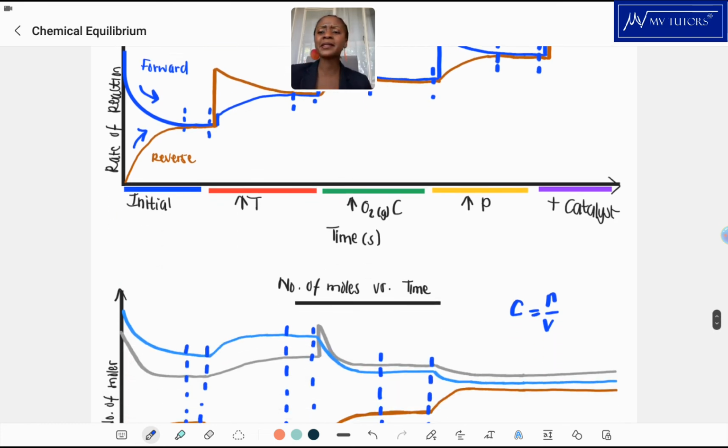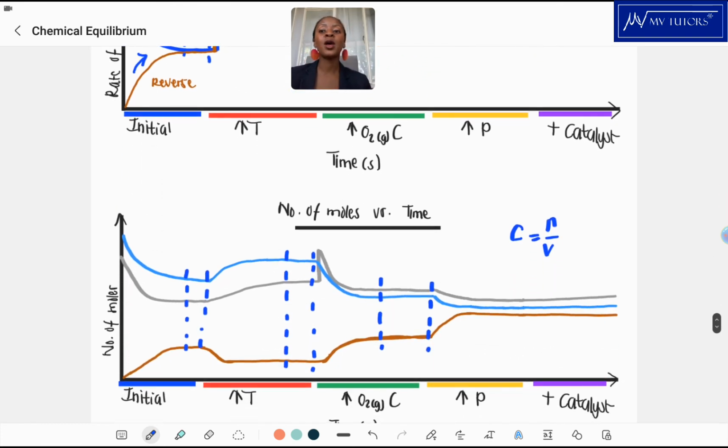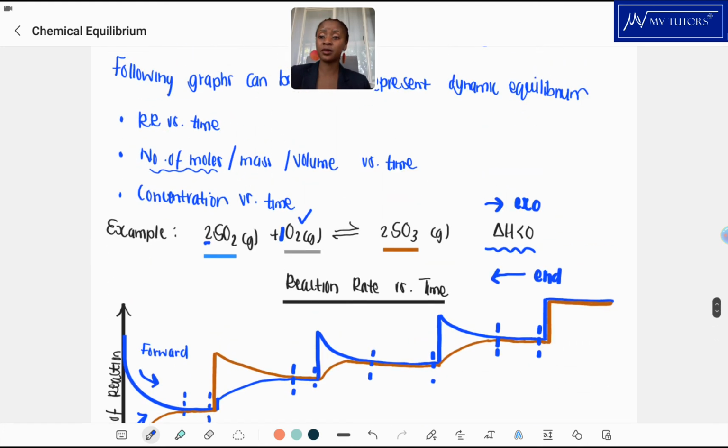Okay, what happens now to the number of moles? Well, if you were to increase pressure, okay, think about it. We said if you increase pressure, you are decreasing volume, okay? If you are decreasing volume, what happens to your number of moles? Well, we're going to have a look at the equation, okay? With an increase in pressure, you look at the side with the least amount of moles.